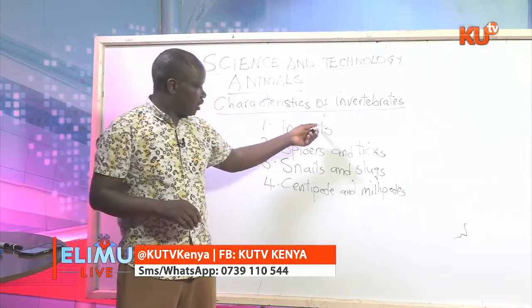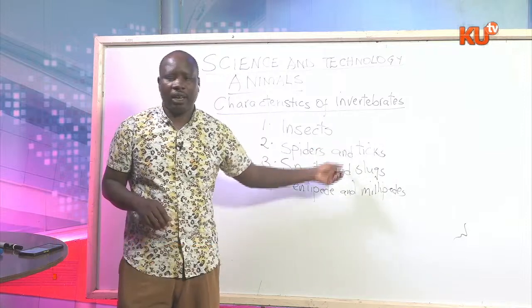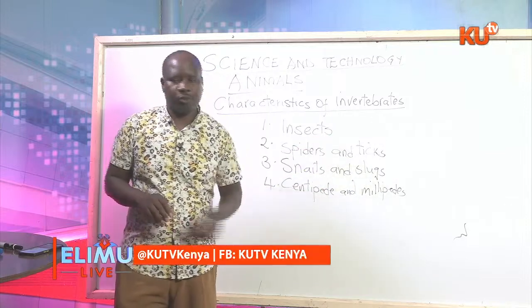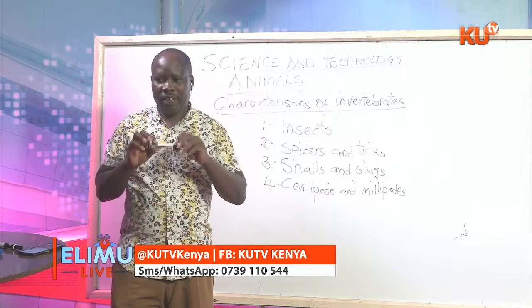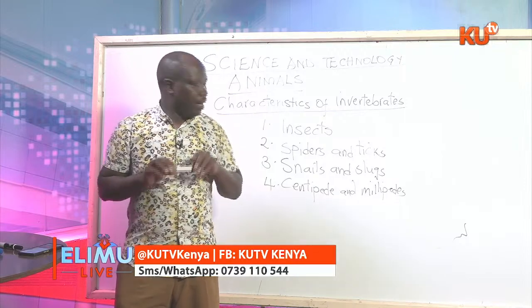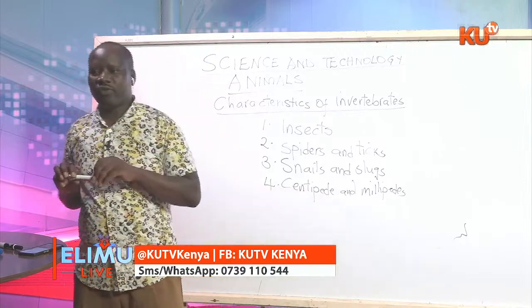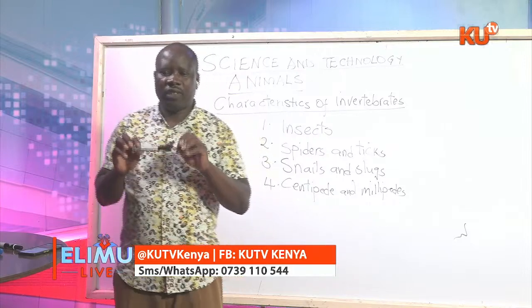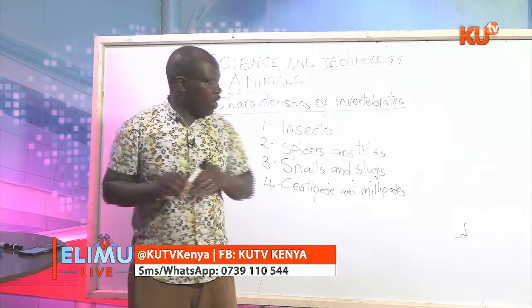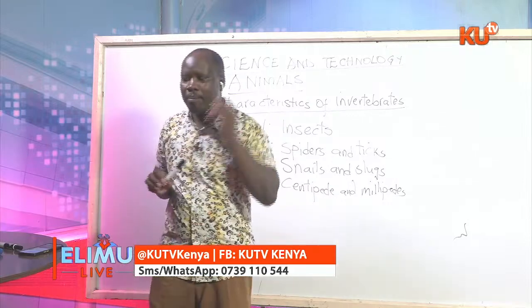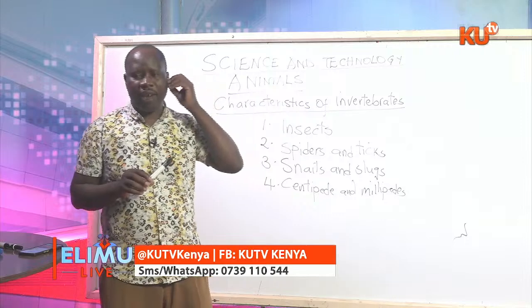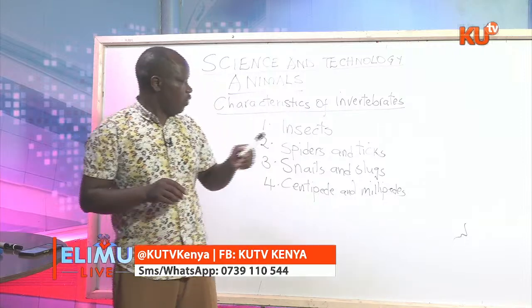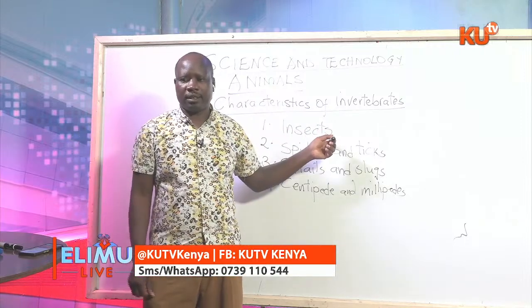Now, having got these 4 categories or groups of invertebrates, let's move and see the characteristics of each of them, to explain why we put some animals like a bee, a housefly, a butterfly, an ant in the group of insects.